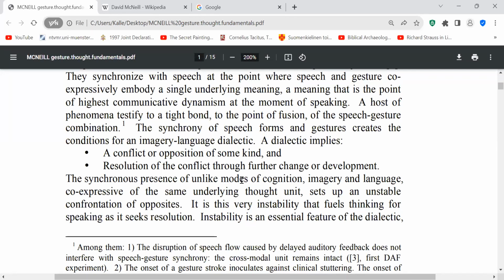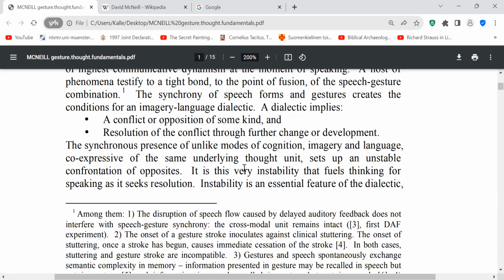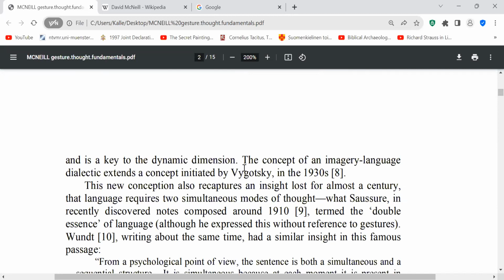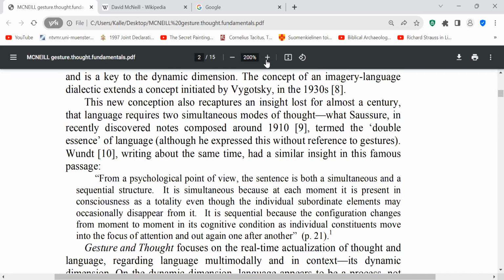It is this very instability that fuels thinking for speaking as it seeks resolution. Instability is an essential feature of the dialectic and is key to the dynamic dimension.